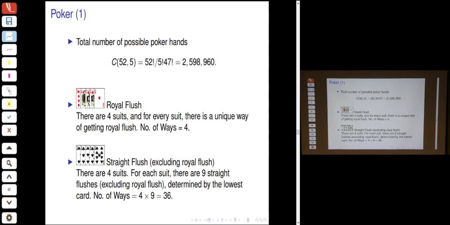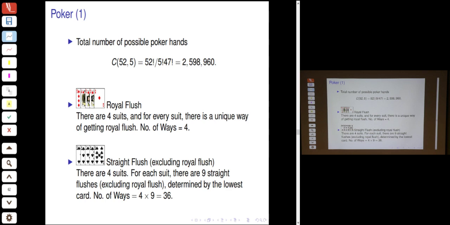So there are 4 suits. For each suit, you have 9 straight flushes. You look at the 5 cards, right? It is determined by the smallest number, because once you choose the smallest number, the rest have no choice.